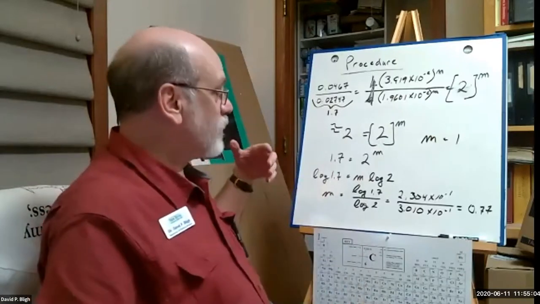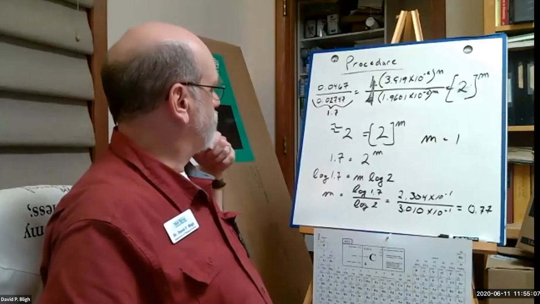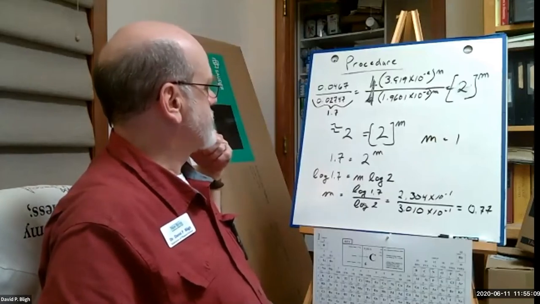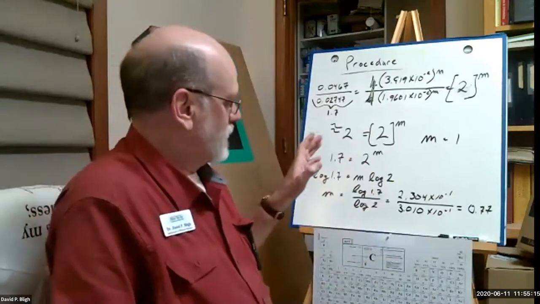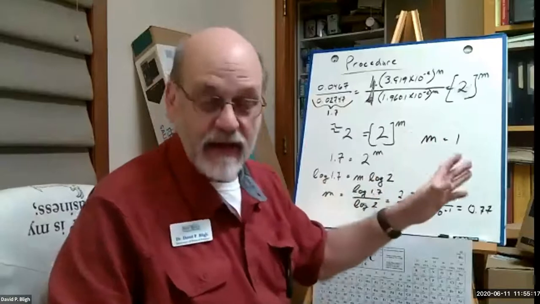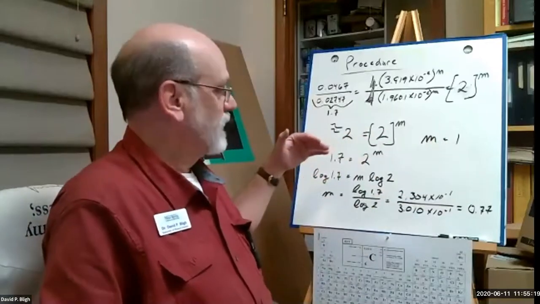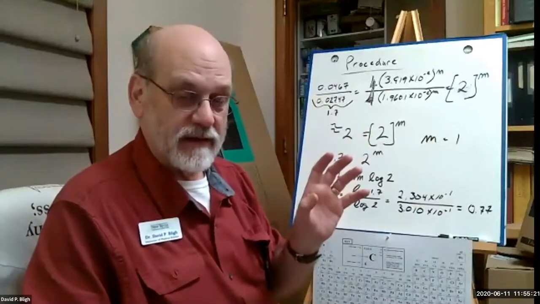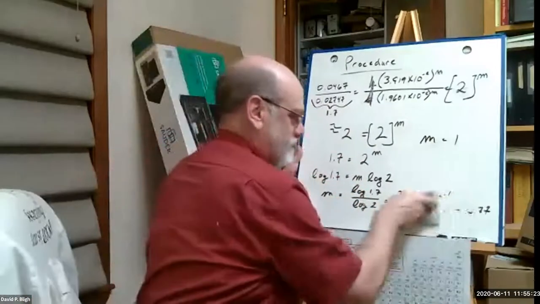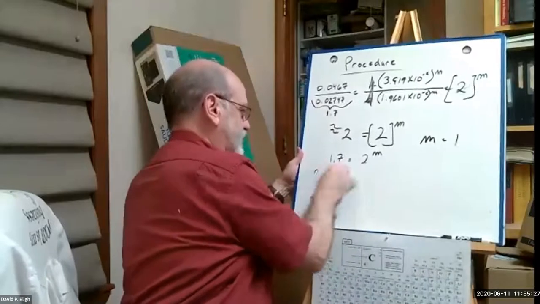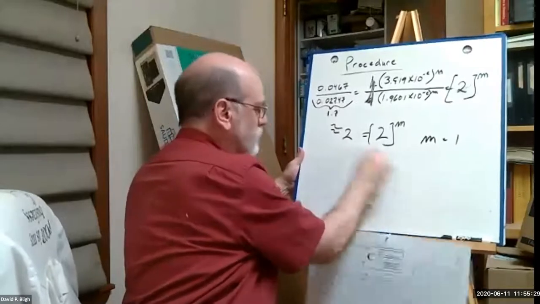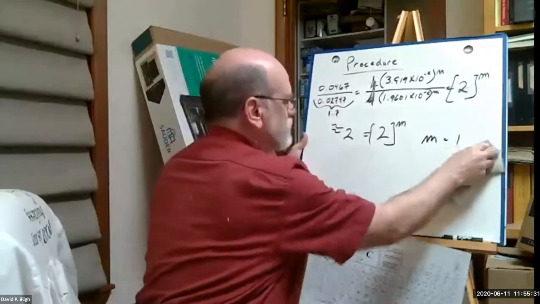Okay, so now that we know the m and the n for this reaction, we can calculate the k. How do you do that? You go back to the original assumption.